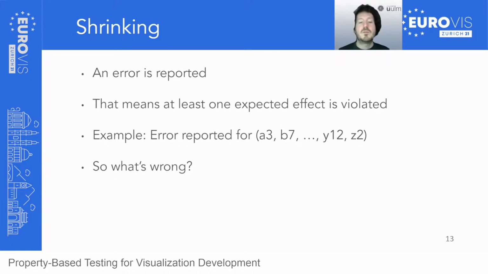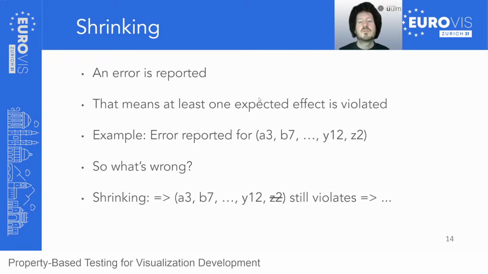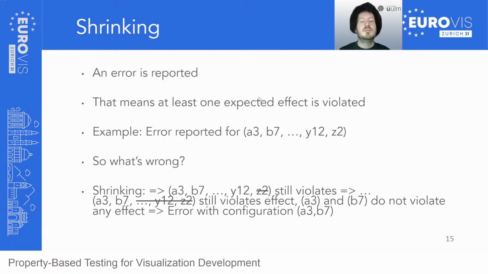So in our example, if we start by resetting Z to its original value and see that it still violates an expected effect, we would continue to reset more and more randomized parameters as long as the expected effect is still violated. In the end, we will find a configuration where when we reset just one more parameter, no more expected effect will be violated.